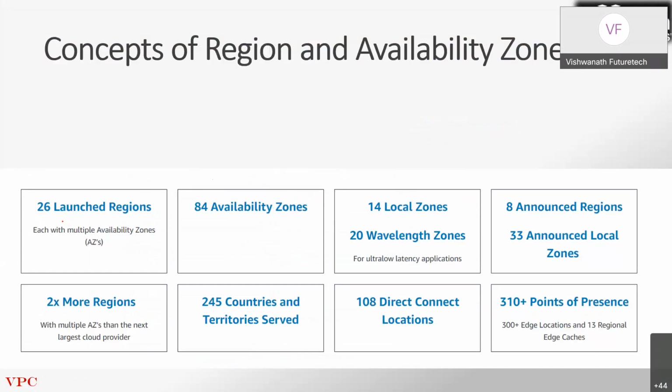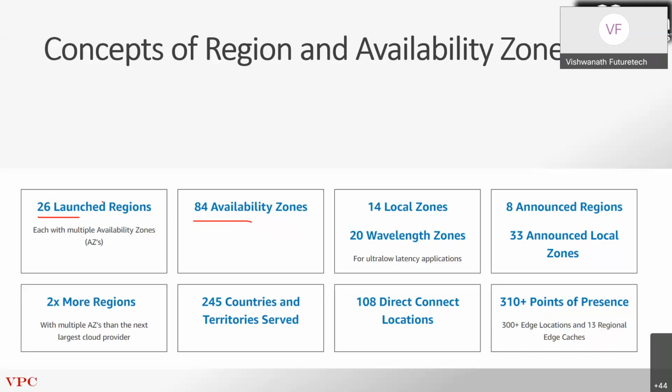AWS has basically 26 regions and 84 availability zones. What does this mean? Availability zones are very much related to the regions.